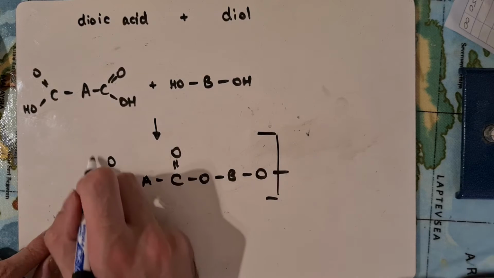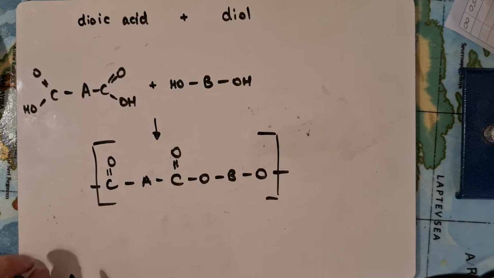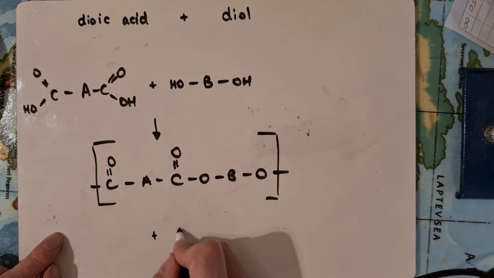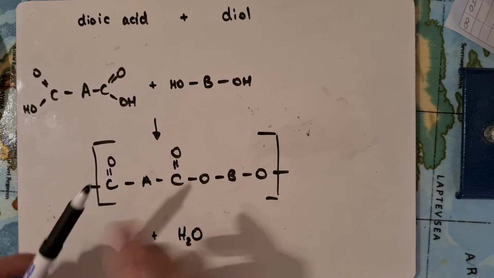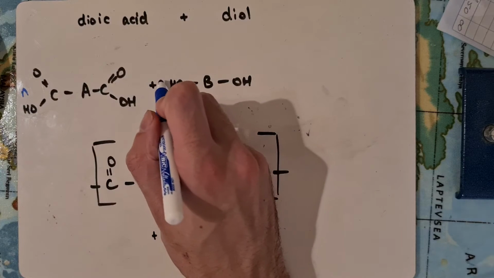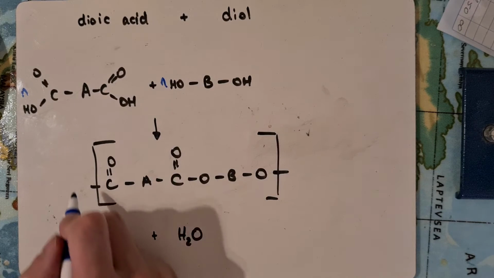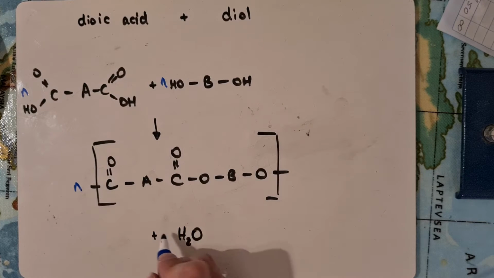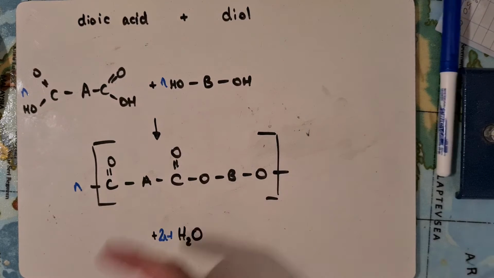So that's our repeat unit that would form plus H2O. And the same thing again, if we had n of these, we get n of those, and 2n minus 1 H2Os.